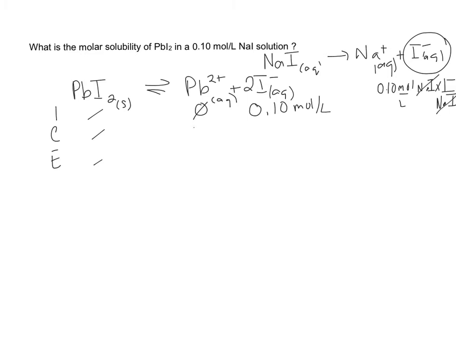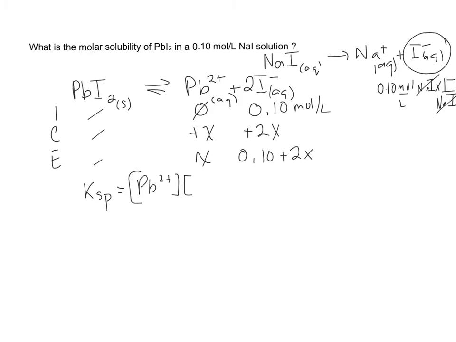Okay, so the change is plus x plus 2x. So now at equilibrium, we have x and we have 0.1 plus 2x. So set up your Ksp. It's going to be equal to [Pb2+]. Always do this part. It's proper form.